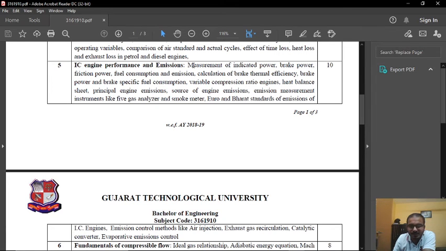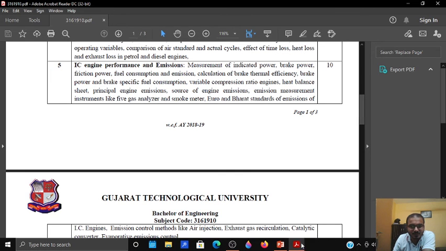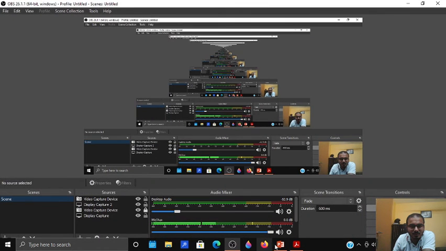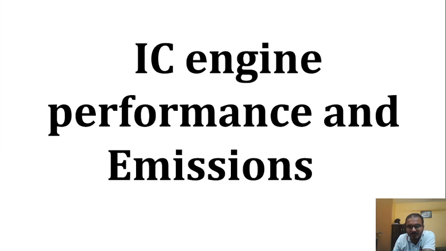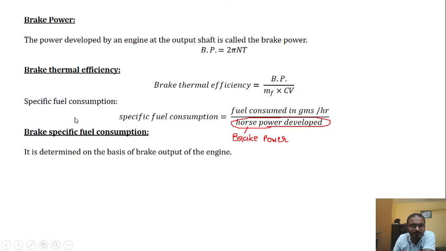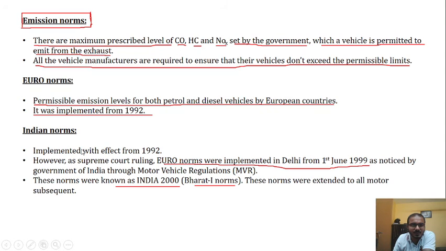The sequence may be different, but we have covered all of the topics. So let's quickly revise what we have done in this chapter. We began with the basics of this topic, that is brake power, brake thermal efficiency and brake specific fuel consumption. Then we discussed the emission norms, that is two norms, Euro norms and Indian norms.